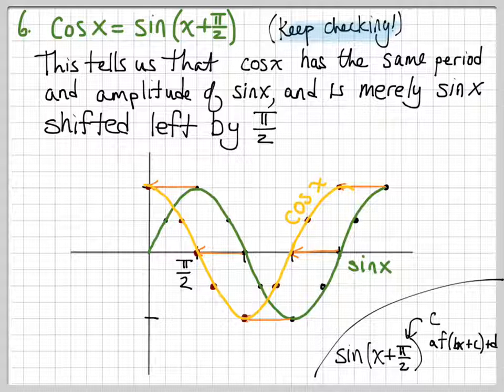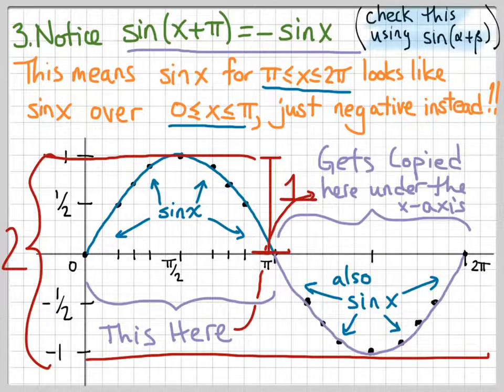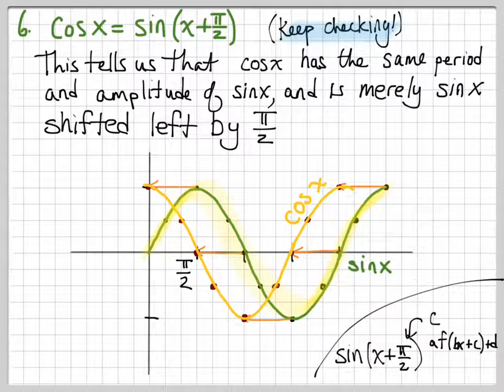And so you can see here, the green graph is the graph of sine that we had over here. And if we just take that graph and slide it left by pi over 2, and this distance is pi over 2, we actually get the graph of cosine.